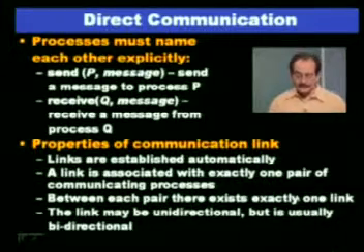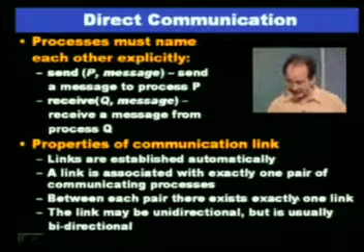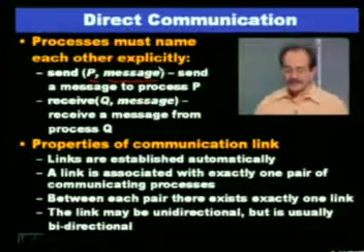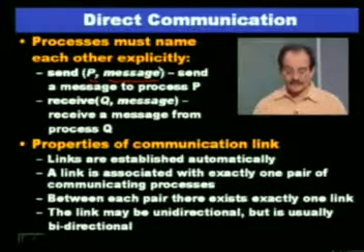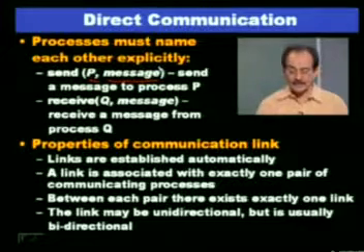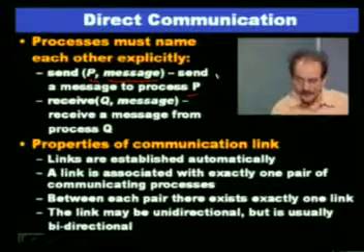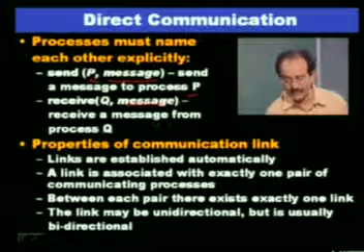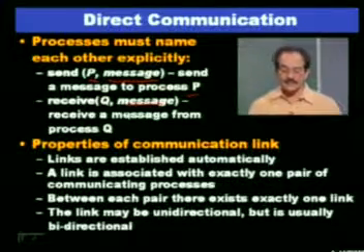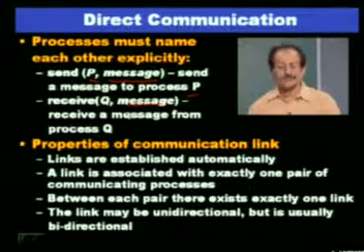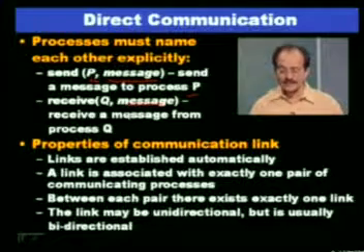Let us say process P wants to send a message to process Q. Process P writes its address and sends a message to process Q, and we say receive a message from the process Q. One is we want to send the message to a process, or another is we would like to receive a message from the process Q. So, this is what we call direct communication.